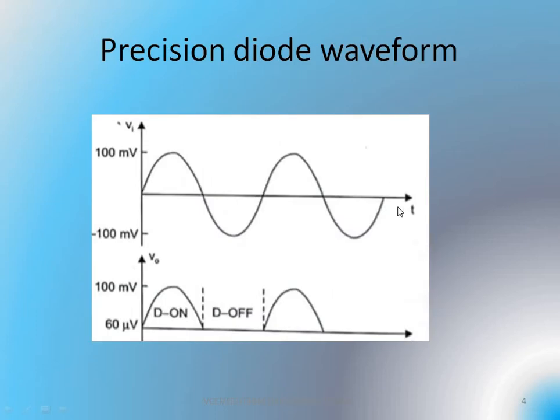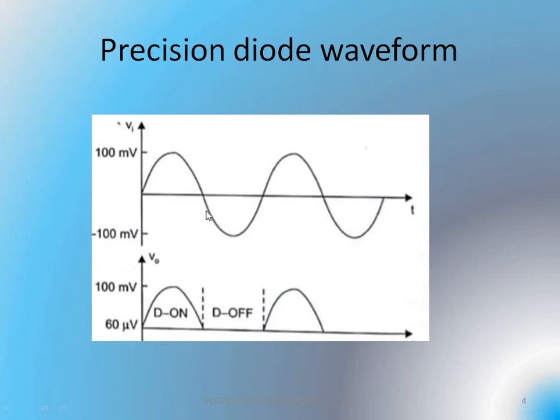With continuation to the previous discussion, we will see how the waveform is converted. As I mentioned, during the positive half cycle the diode will be in the on condition. That creates a closed circuit, which performs a voltage following operation. So the applied input is entirely found as the output of the operational amplifier.